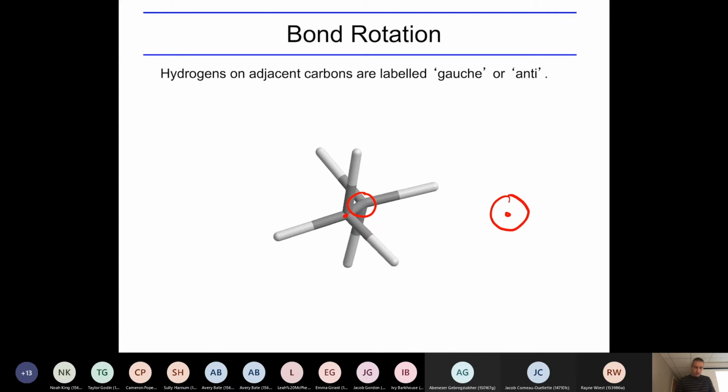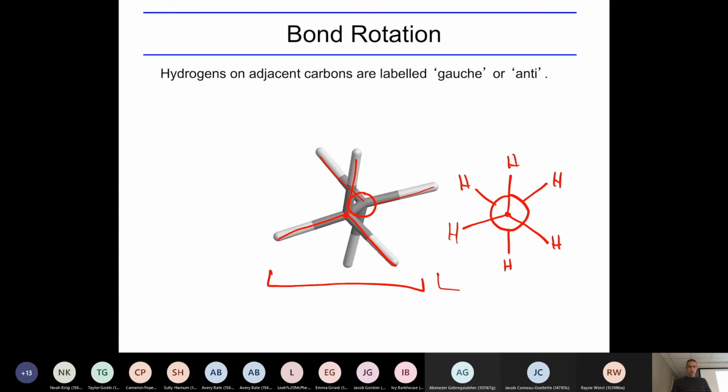The back carbon has a hydrogen that's pointing straight down, so we would put one straight down. It has one that's coming up off to the right, and one that's coming up off to the left. Then the front one has one that's up, one that's down, and one that's down this way.